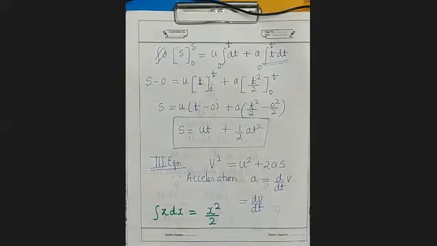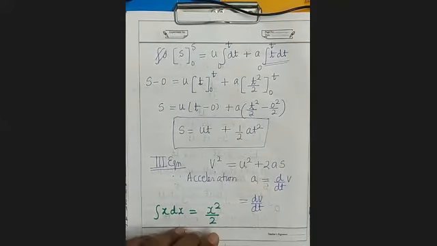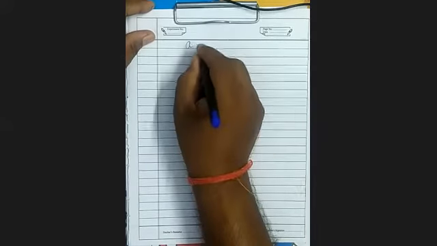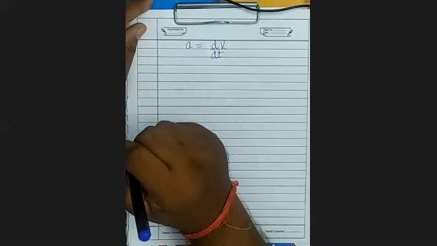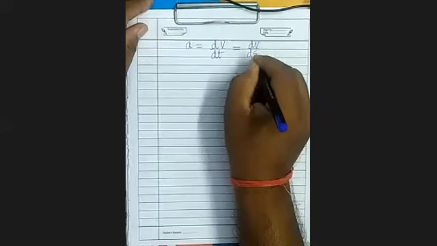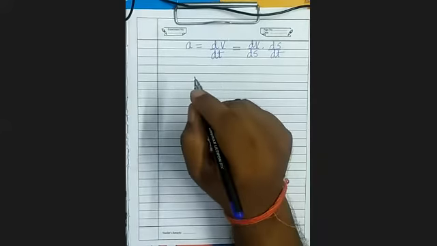Now see here. Here we will rearrange the terms. I am writing on the next page. You can see here a equals to dv upon dt. Now you rearrange the terms. So when you rearrange the terms, it will be dv upon ds into ds upon dt. What is ds upon dt?